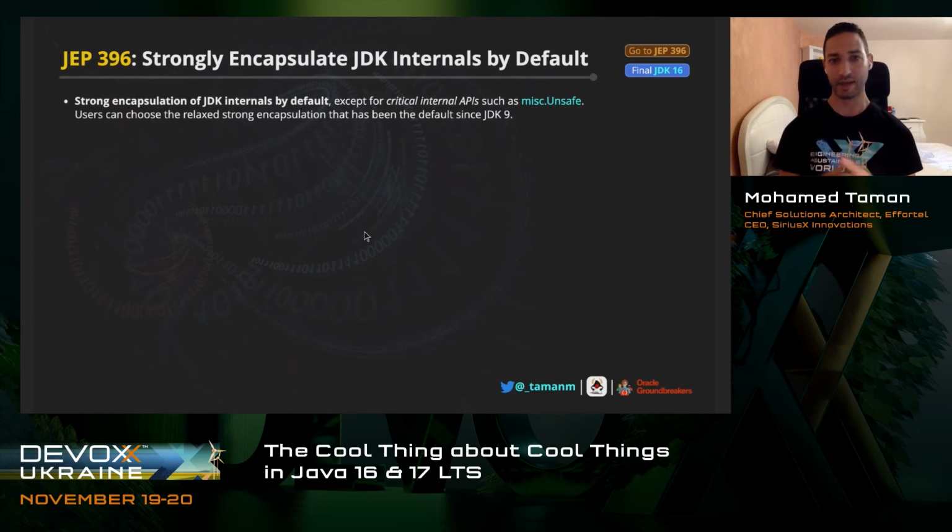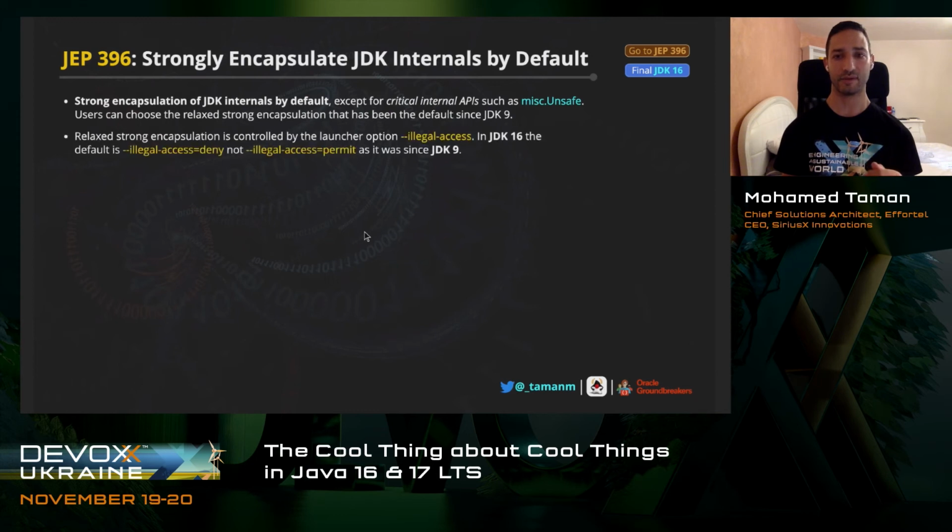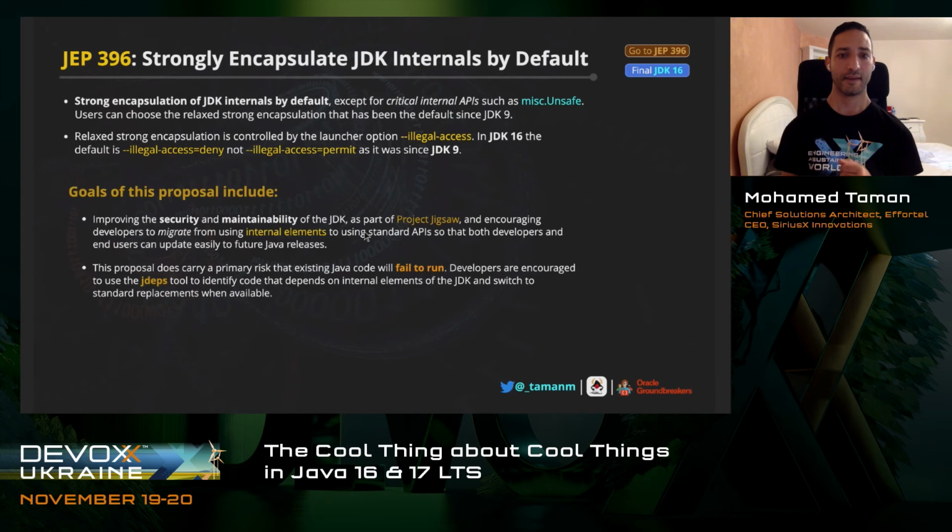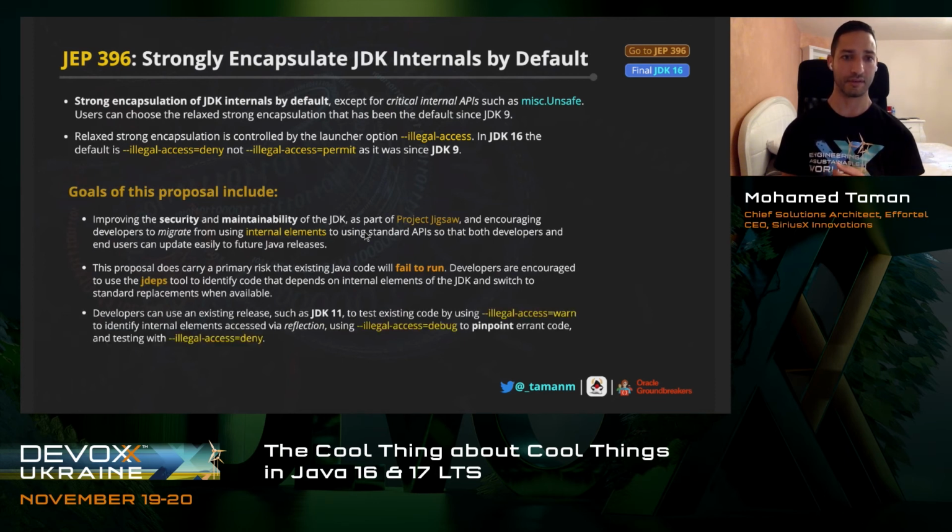But now, as we go on, we are going to strengthen this by encapsulating JDK internals by default, so you will get an error if you try to use such things. These are some hints for migration, and if you'd like to check about it, there is guidance on what you can do to avoid it and tools to switch to alternatives to these classes.